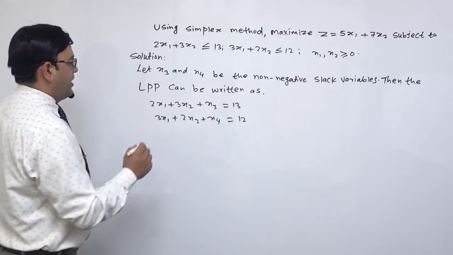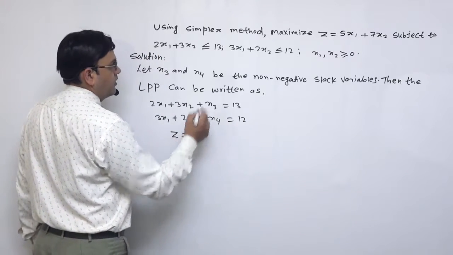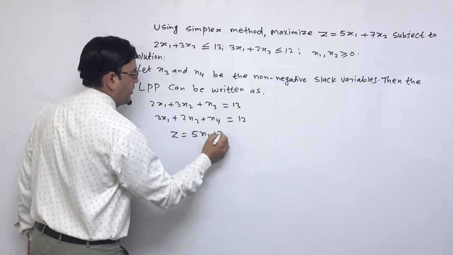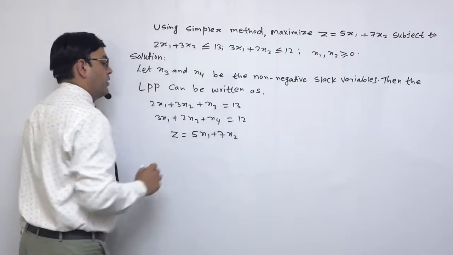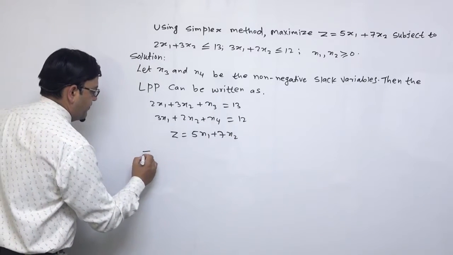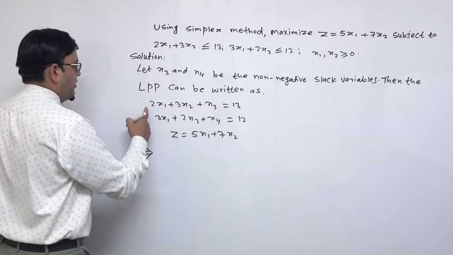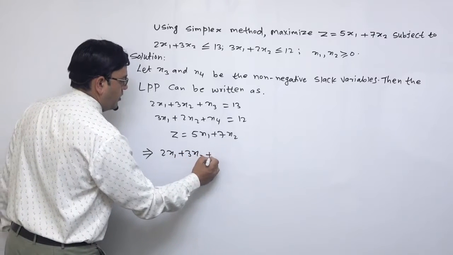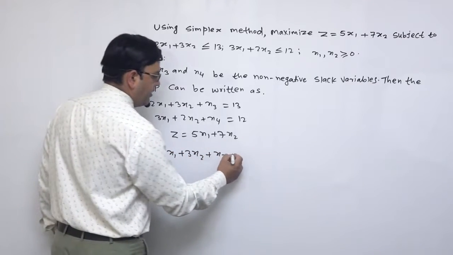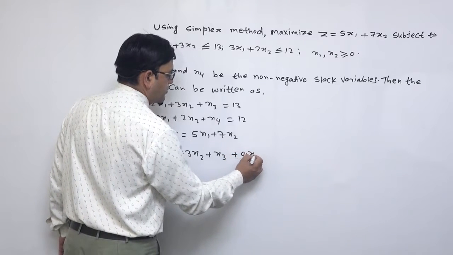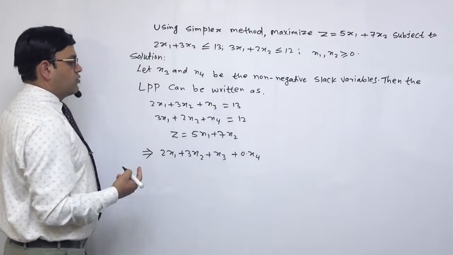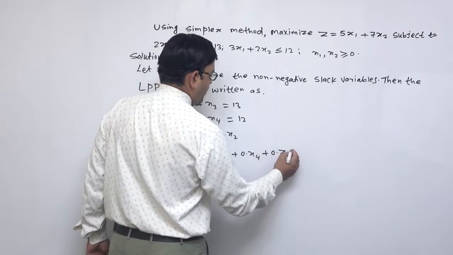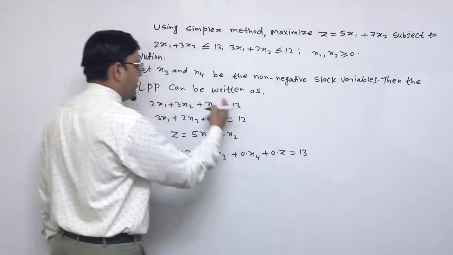This is equal to 12. And the next one is z equals 5x1 + 7x2, which gives 2x1 + 3x2 + x3, and then plus 0 times x4 because we don't have x4 here, and plus 0 times z is equal to 13 because there is no z also.